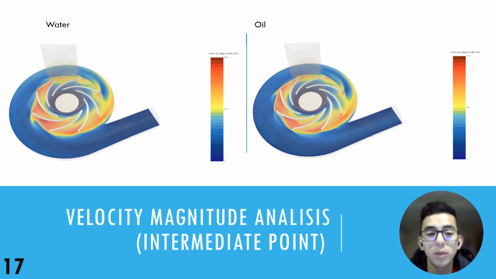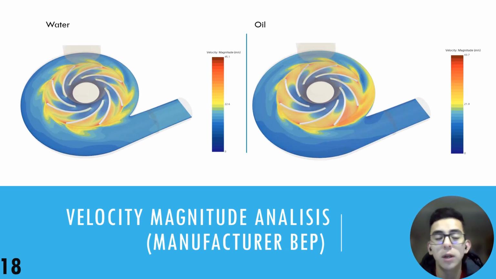These are the velocity profiles for water and mineral oil, both at a flow rate value of 125 cubic meters per hour. These are the velocity profiles for water and mineral oil, both at a flow rate value of 250 cubic meters per hour.